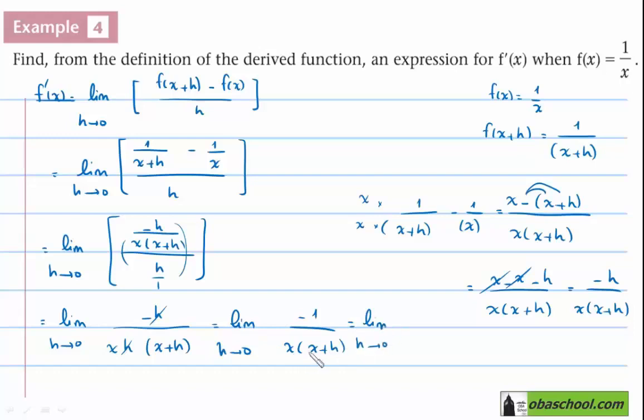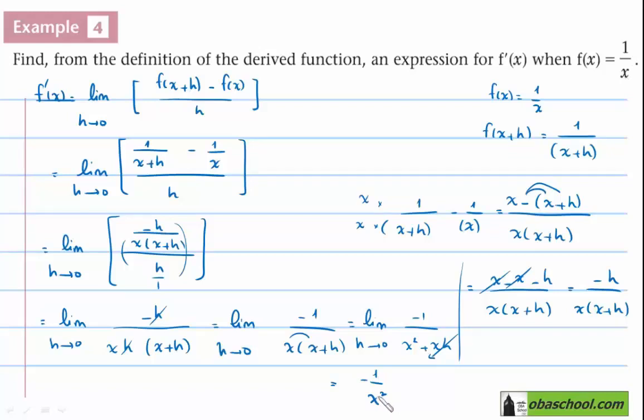This is equal to the limit as h tends to 0. We can expand the denominator: x multiplied by x plus h gives x squared plus xh, and the numerator is the same, minus 1. Now if we substitute h tends to 0, then the remaining will be minus 1 over x squared.